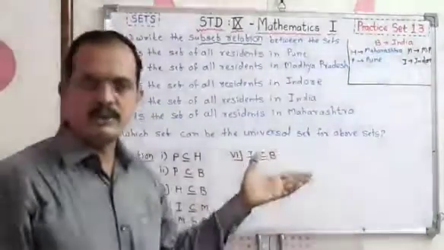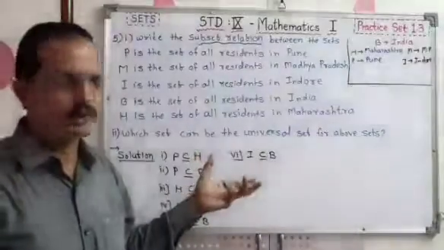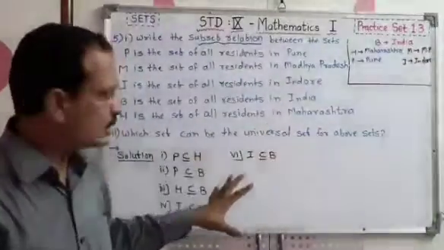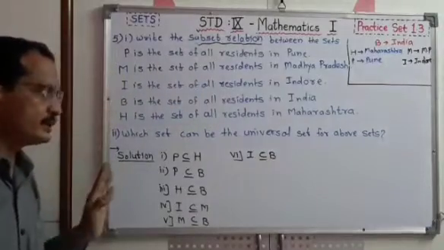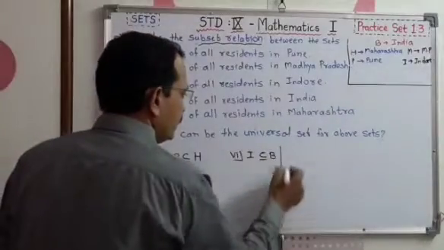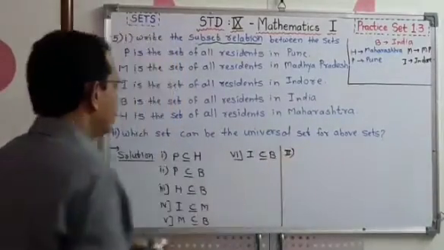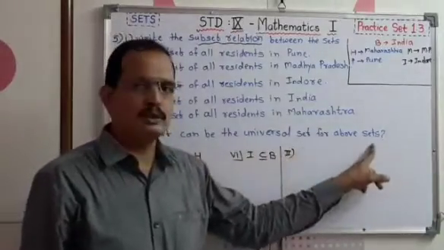We could use that every set is a subset of itself and the empty set is a subset of every set, but we do not have to consider this; we have to write the relation between these given 5 sets. Now see the second one. In that, the second part asks which set can be the universal set for the above sets.